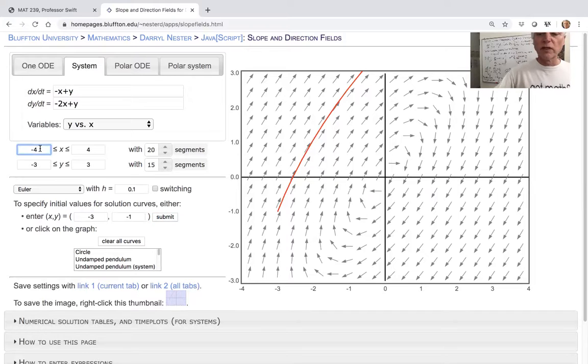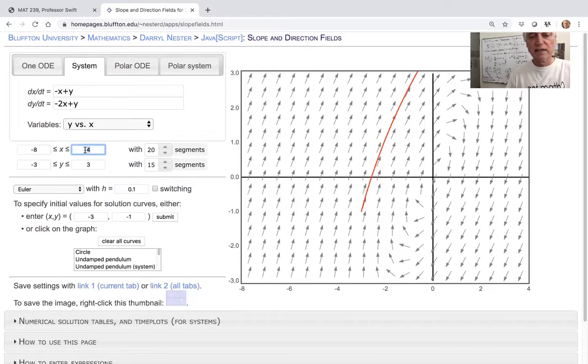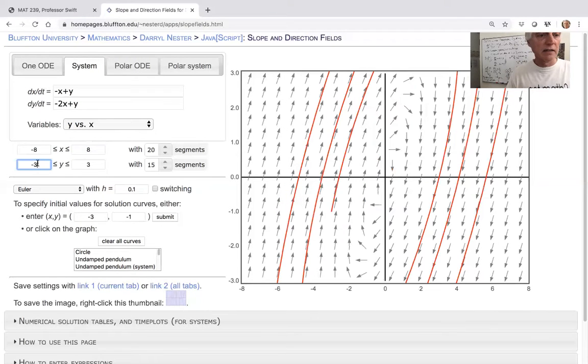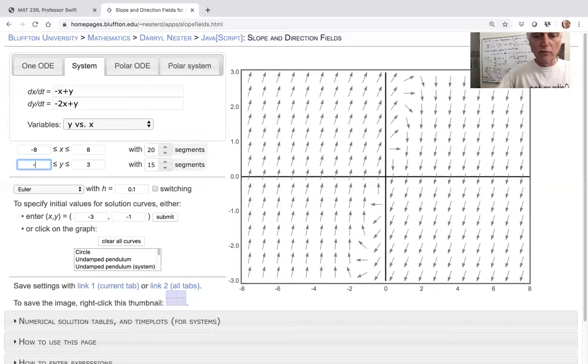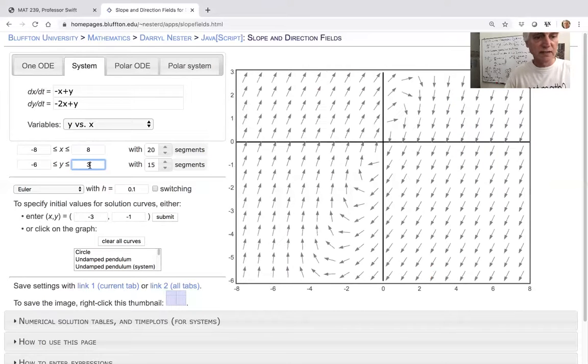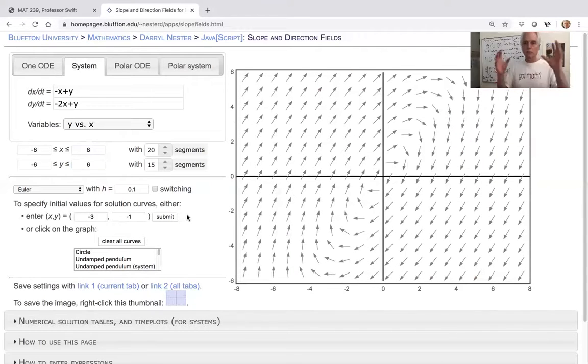Let's double this window, go from -8 to 8. Actually, let's clear the curve while we're doing this, and use -6 to 6. Okay, so now we've zoomed out.